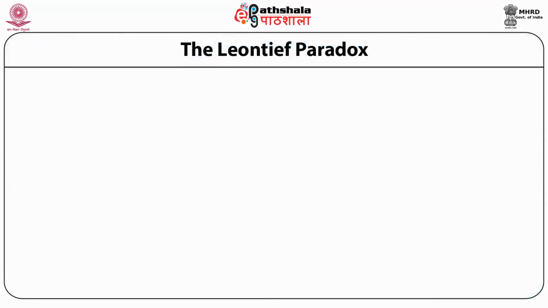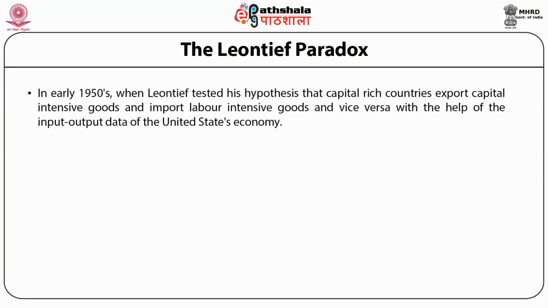Let us see what the Leontief paradox is. In the early 1950s, Leontief tested his hypothesis that a capital-rich country exports capital-intensive goods and imports labor-intensive goods, and vice versa, with the help of input-output data of the United States economy. His results refuted the HO contention.